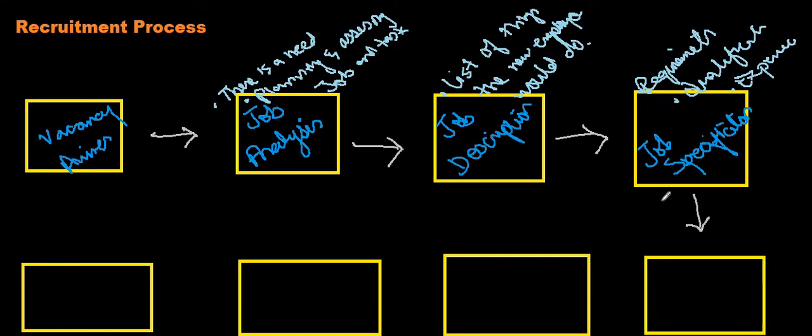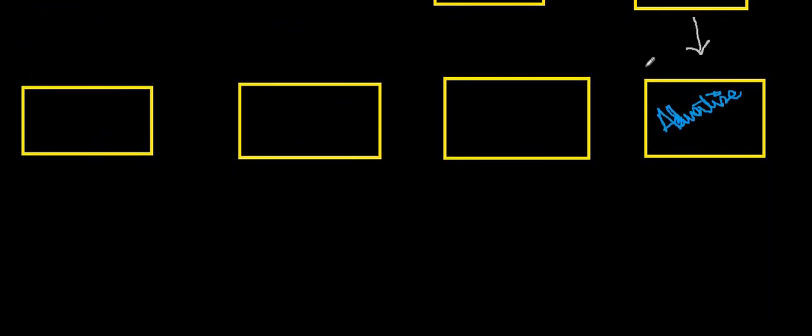After you have done job analysis, job description, and job specification, what you do is you advertise the job. Now, you can advertise a job at two places: internal advertisement or external. Now, internal means you have already people working under you in your company.